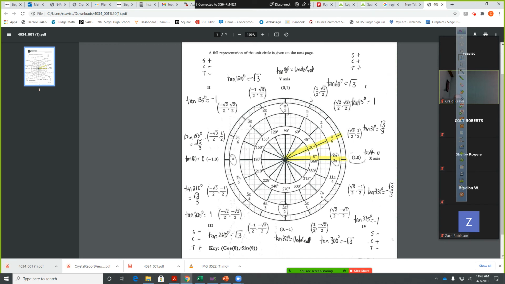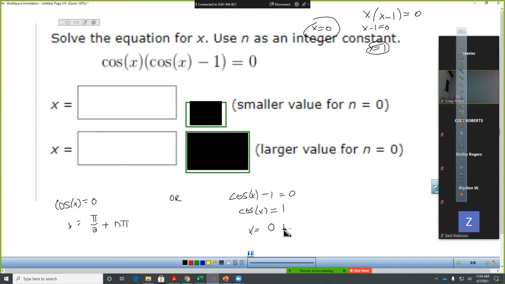So it has to go all the way around 2 pi every time to get back to there. So what I've got to put is plus 2 n pi. For every 2 pi, it gets back to that 0 where the cosine is equal to 1.